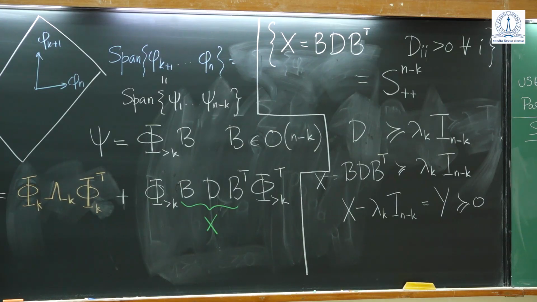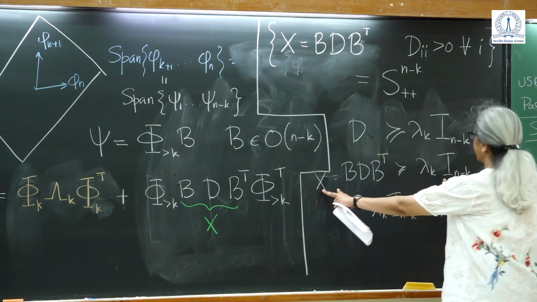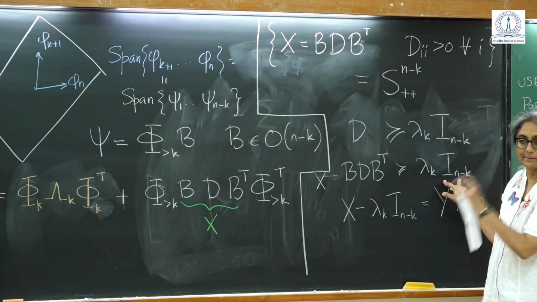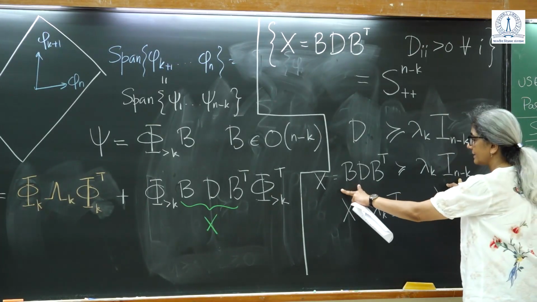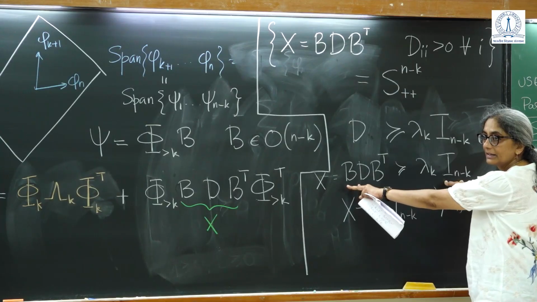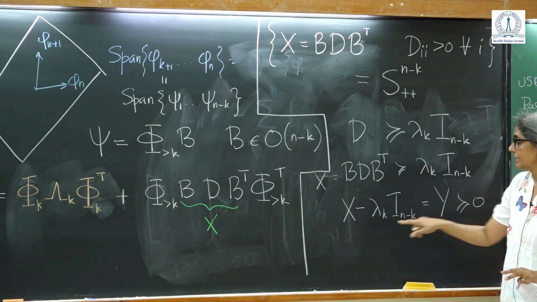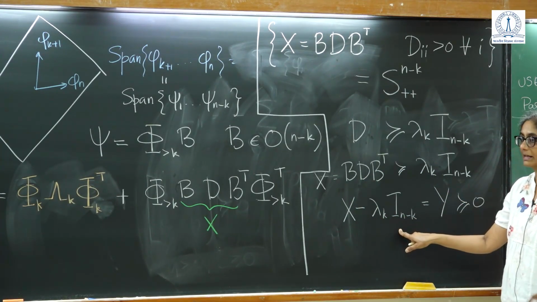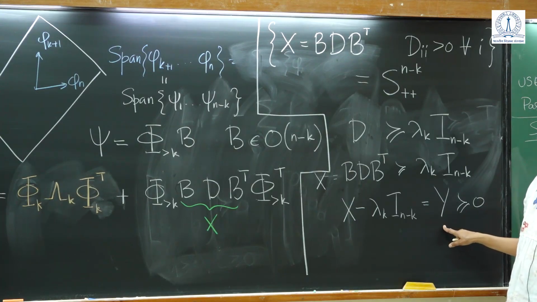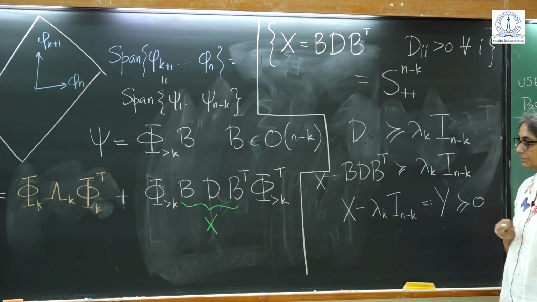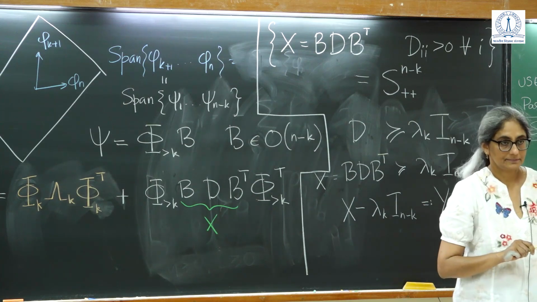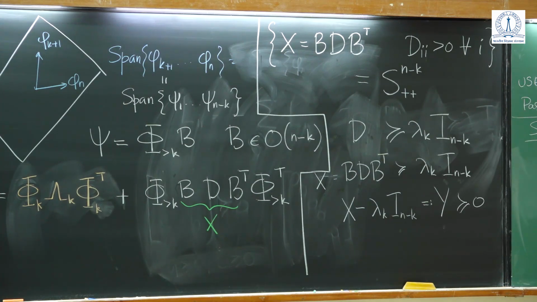Do you agree? Why? Because we're saying that x is bigger than this in lower order. The meaning of that is if you take this minus this, you get something PSD, okay? So x minus lambda k I n minus k, I'm calling it y, and whatever that is has to be PSD, okay? That's what it means to be greater.